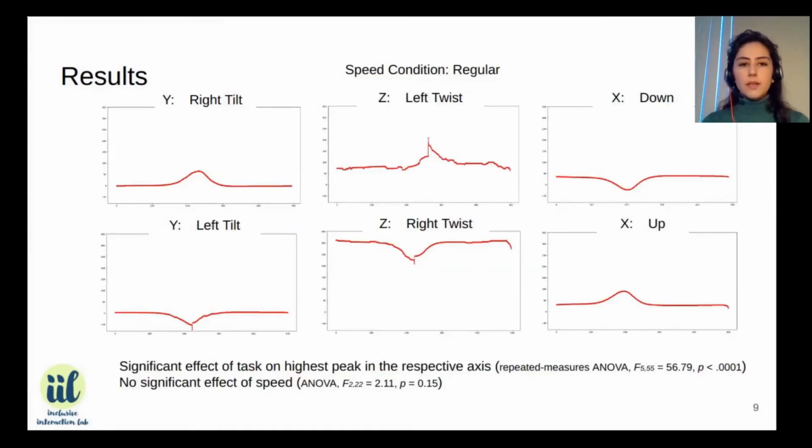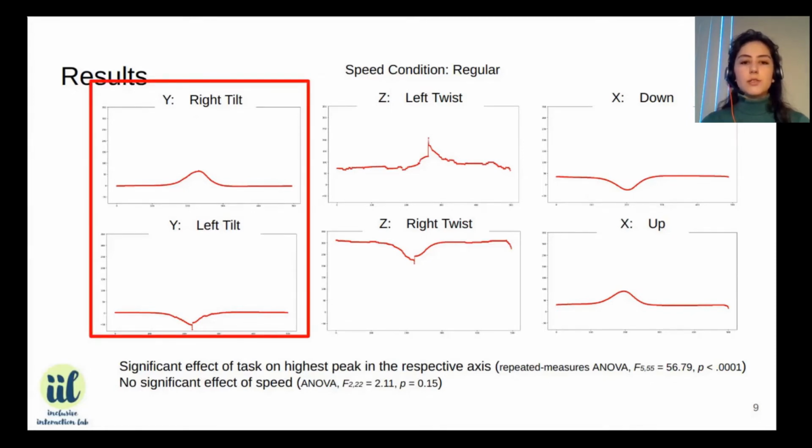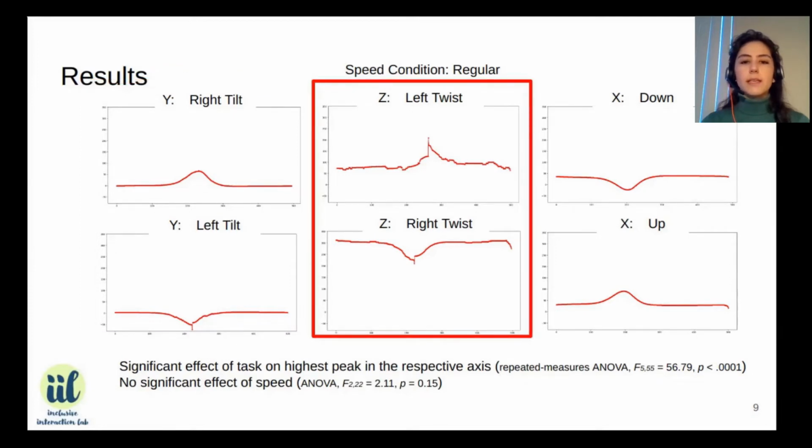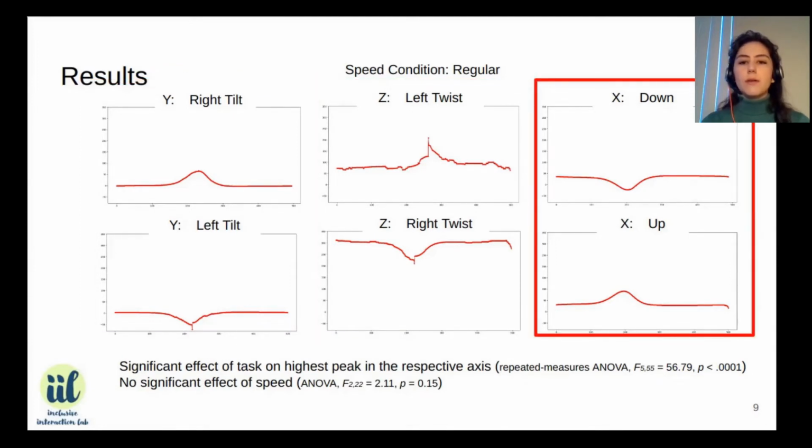These plots show the average displacement angle per time over all trials for all participants during the regular speed condition. By looking at the plots, we can clearly see that there are substantial peaks in the plot when users perform tilt gestures around axis Y, twist gestures around axis Z, and up and down gestures around axis X, so it was possible to distinguish between the tasks.